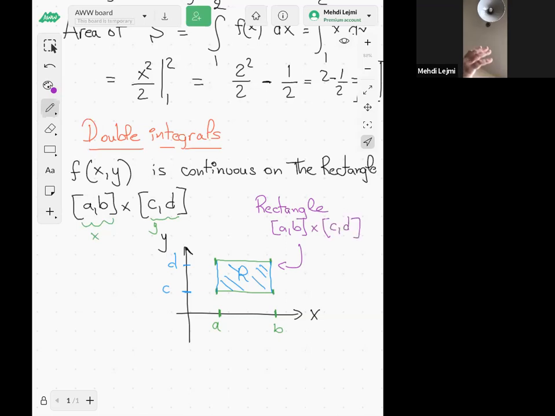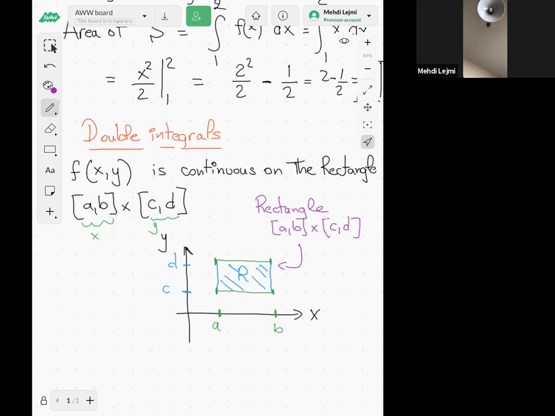Again, AB cross CD means that my x belongs to the interval AB and my y coordinate belongs to the interval CD, right? Now, I have this function f of two variables, right?